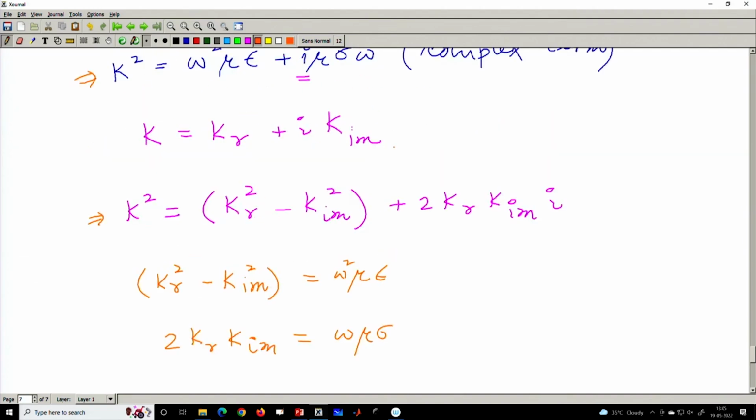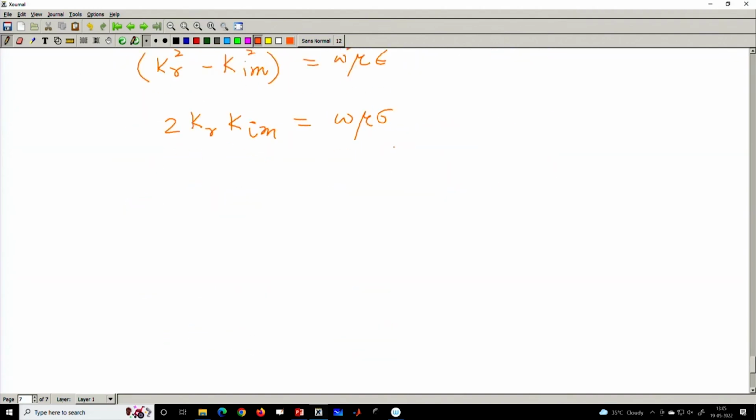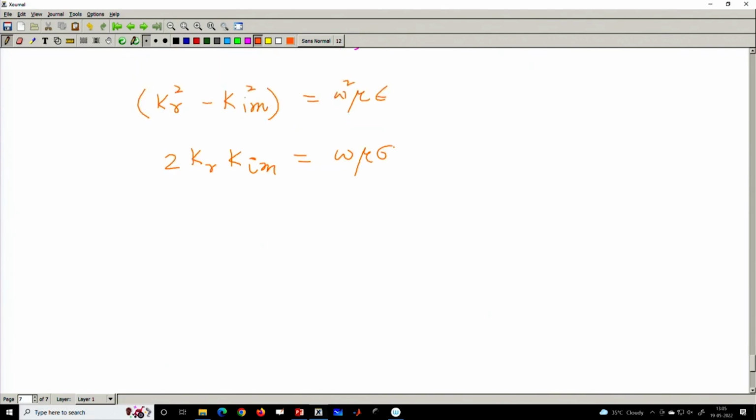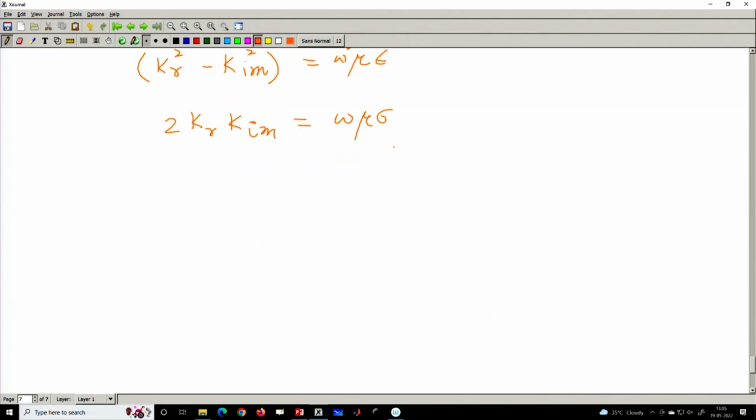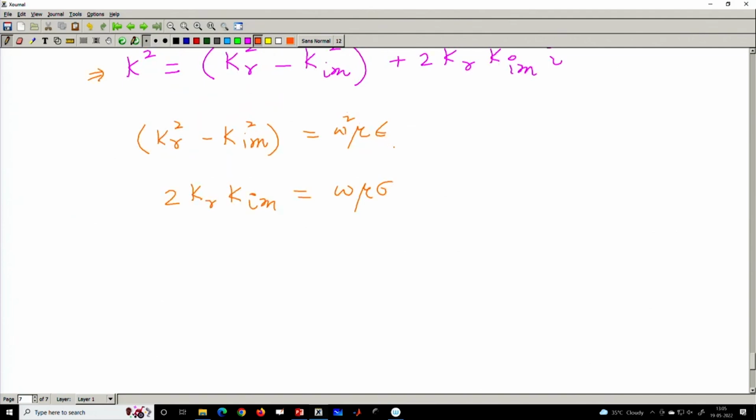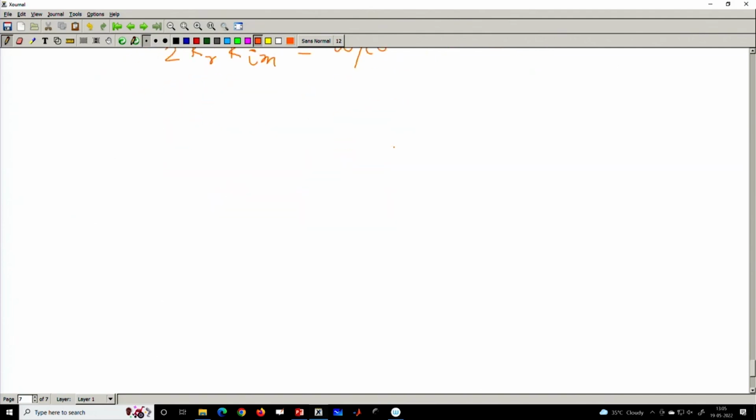So, from those two equations I can have this relationship, and it is not a complicated task to solve, two equations, two unknowns. Then one can solve for k r.